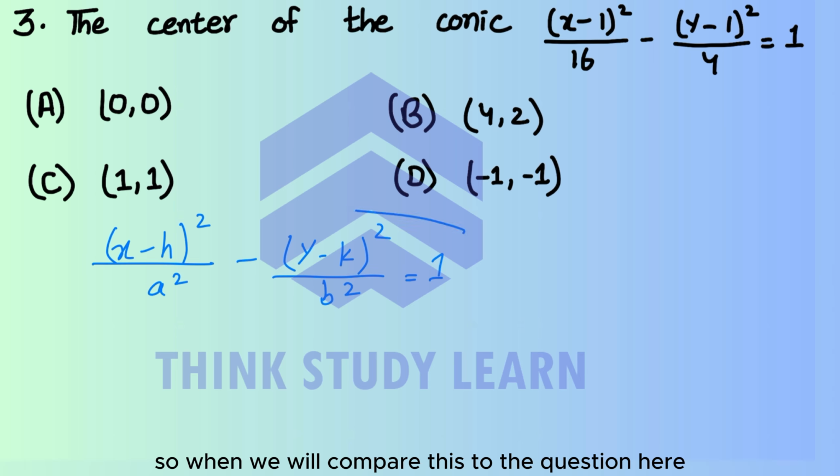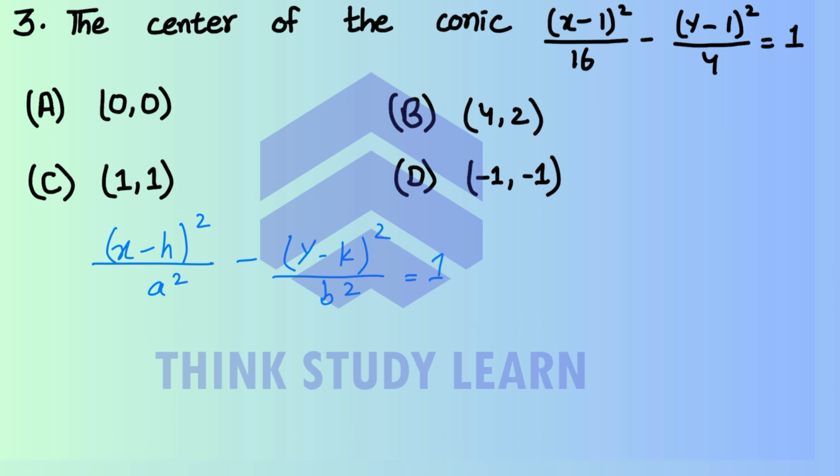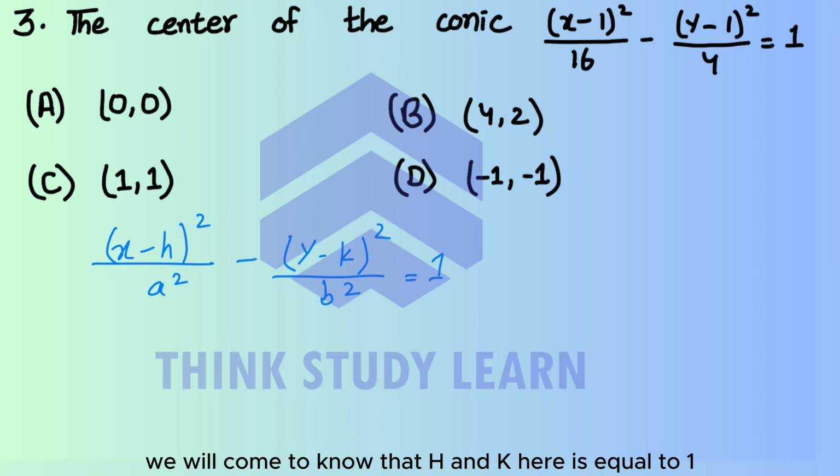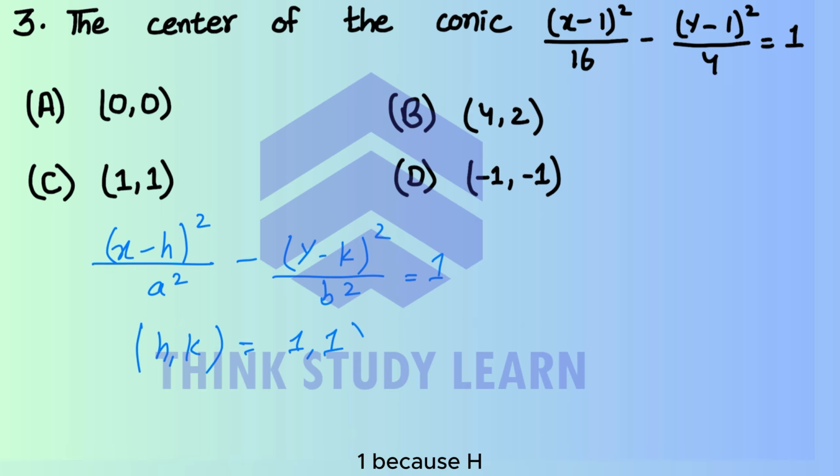When we compare this to the question given here, we come to know that h and k are equal to 1, 1, because h is 1 and k is also 1. So according to the formula, C option will be the right answer.